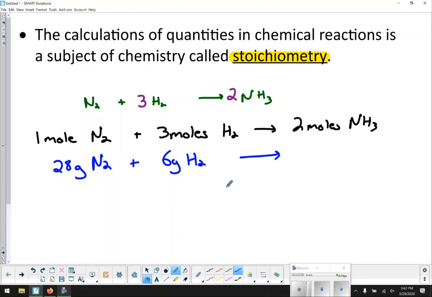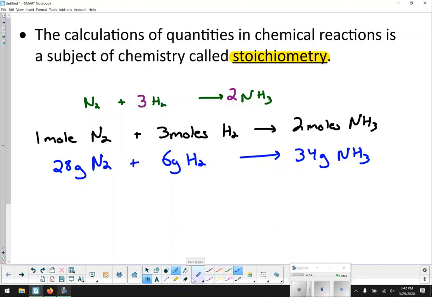And that's going to give us 2 moles of NH3. NH3: 1 nitrogen, which is 14, 3 hydrogens, which are approximately 1. So that's 17 for ammonia. So 2 of those would be 34 grams of NH3. So we can actually tell how many grams go into and come out of a certain chemical equation.